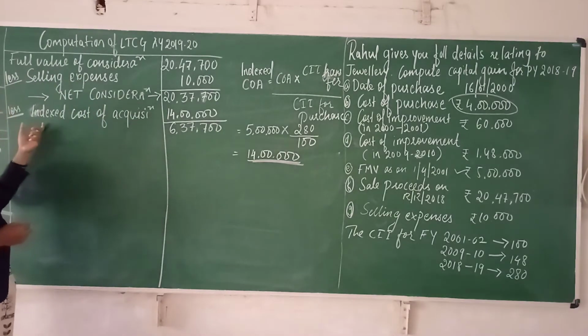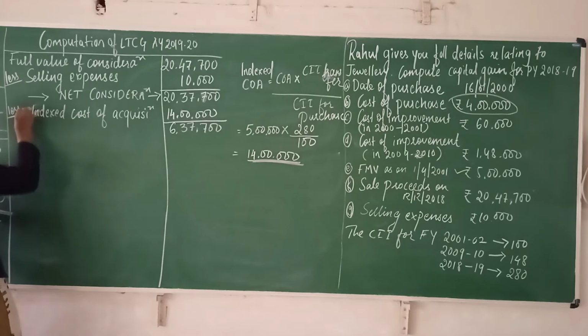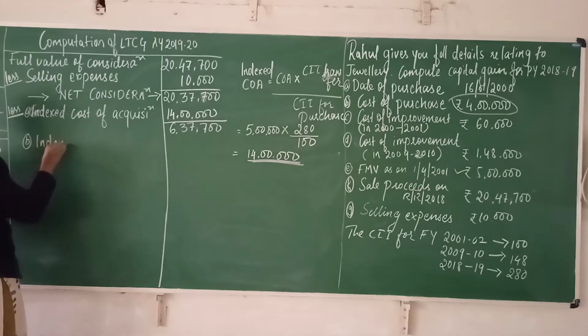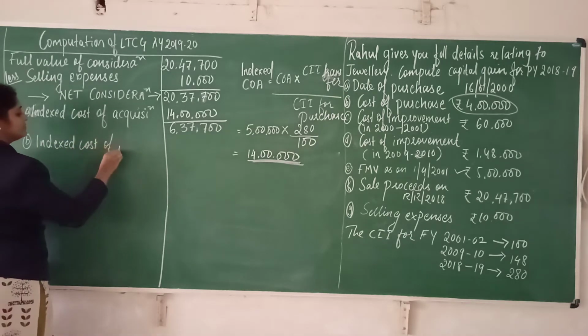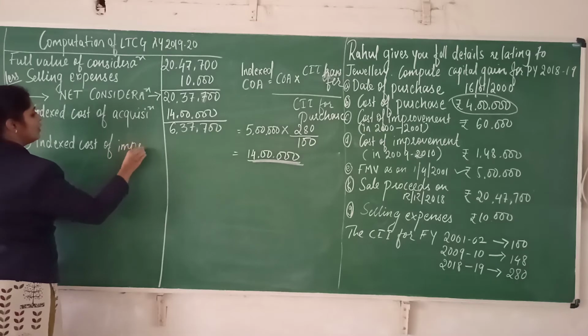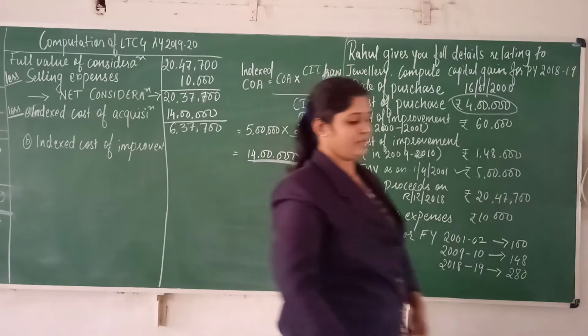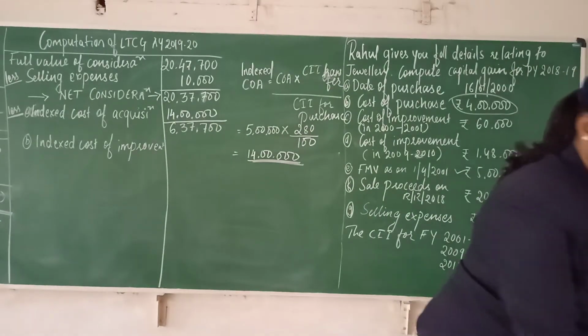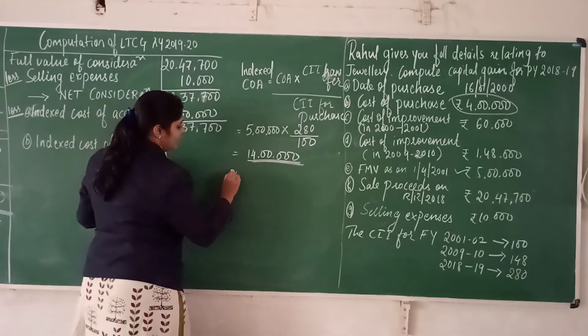Now, second item that we need to deduct is indexed cost of improvement. Less, this is A and B, indexed cost of improvement. How do we calculate indexed cost of improvement?